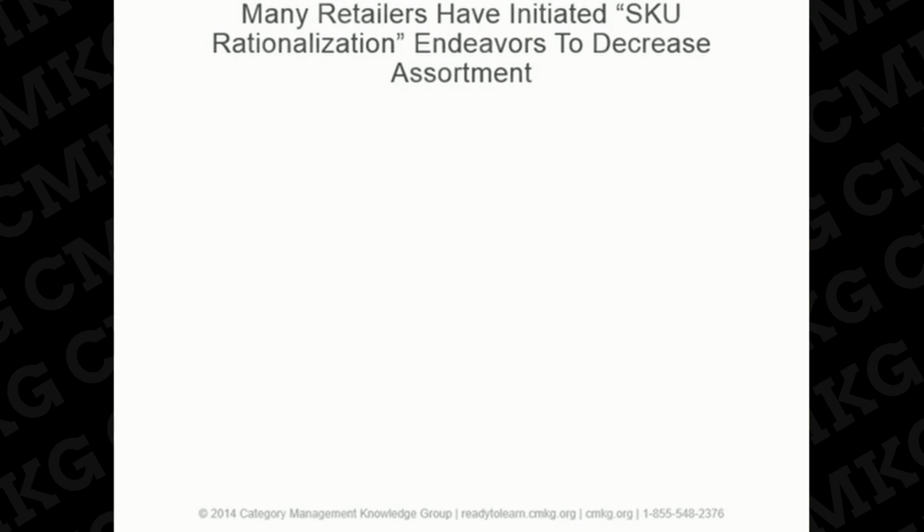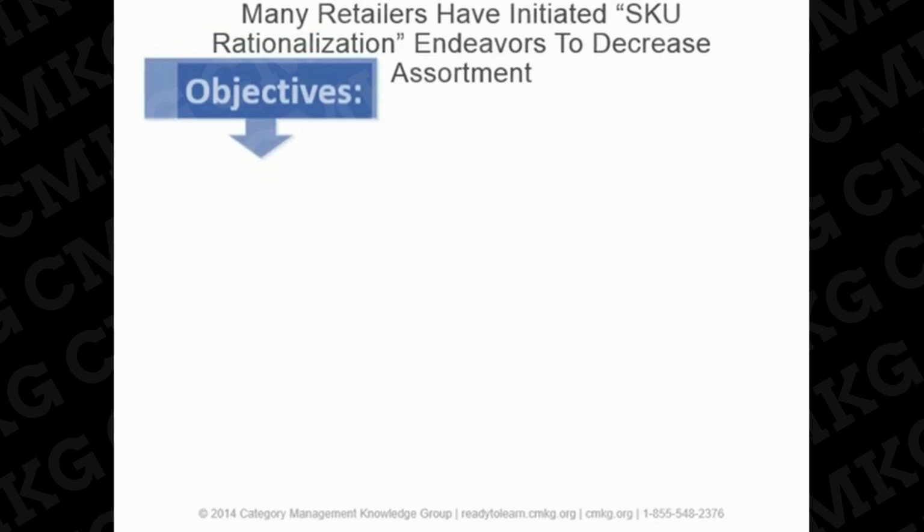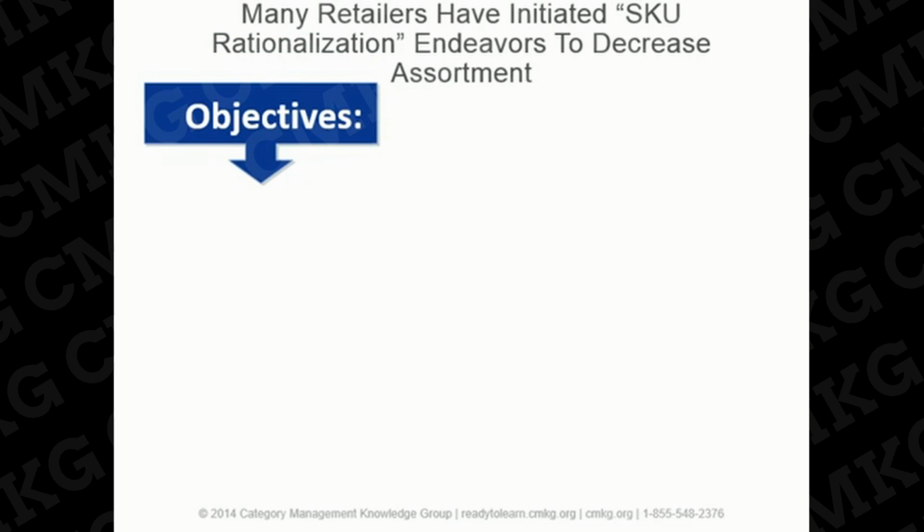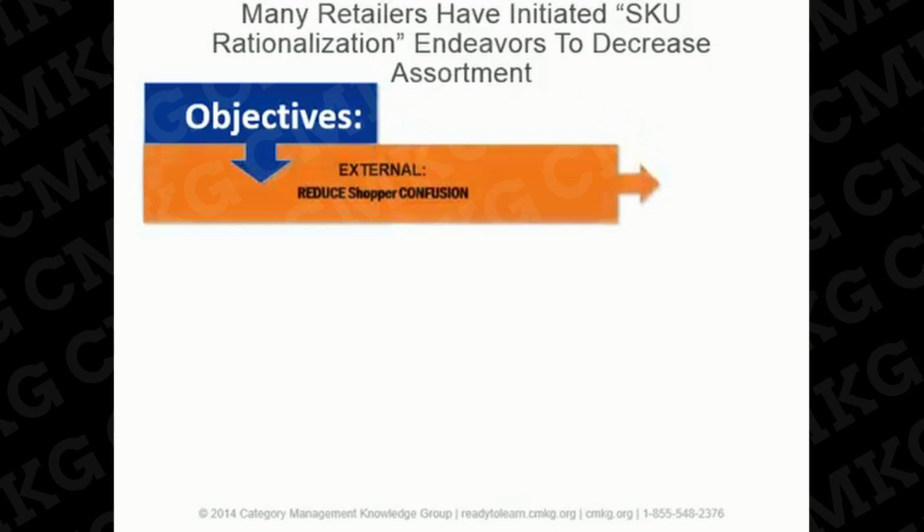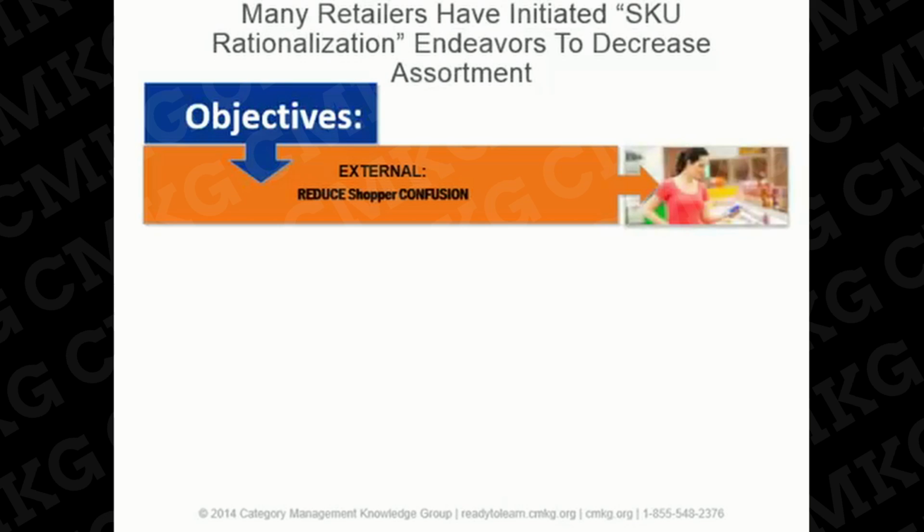Now let's look at some of the objectives that retailers have when they initiate SKU rationalization endeavors. There may be different objectives or reasons for them to rationalize their SKUs. Externally, they may downsize to alleviate shopper confusion.